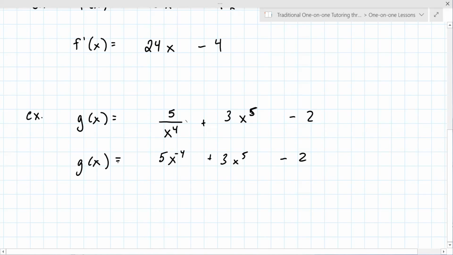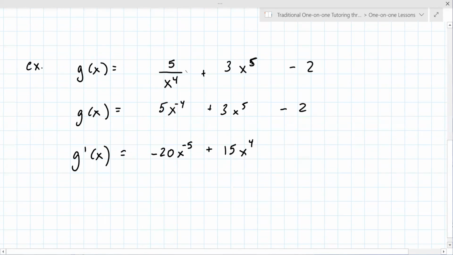Now we're ready to take a derivative. You take this number, negative 4, and multiply it by 5. So it's negative 20x to the power of negative 5, plus 15x to the power of 4, minus 0.